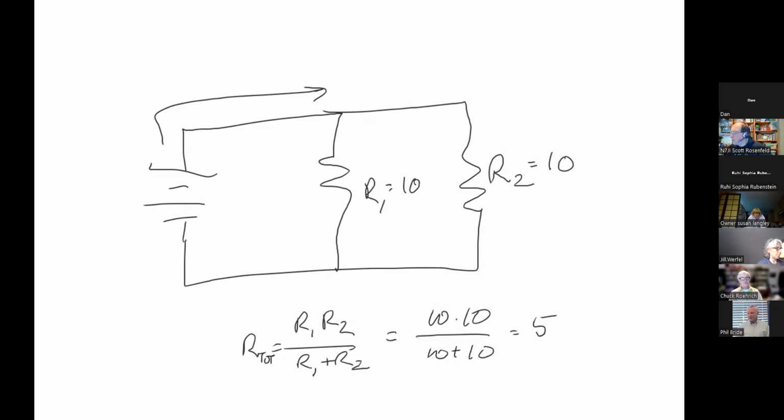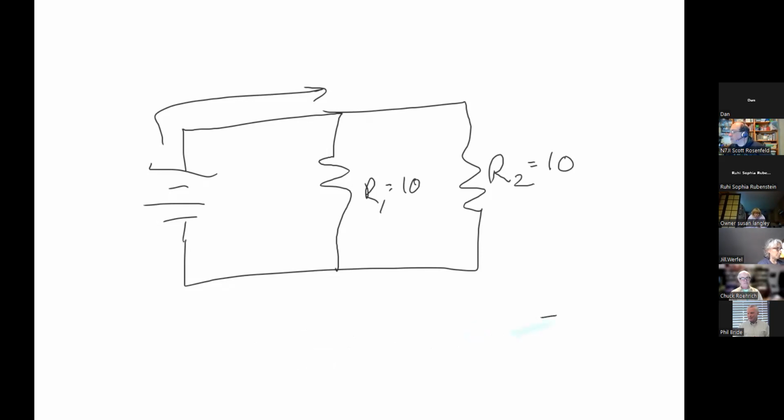So let's look at this in the extreme. Let's say that I have one resistor of 1 ohm, and the other resistor of this many ohms. What is the approximate total resistance of this circuit? Just 1 ohm. Yeah, it's about 1 ohm.